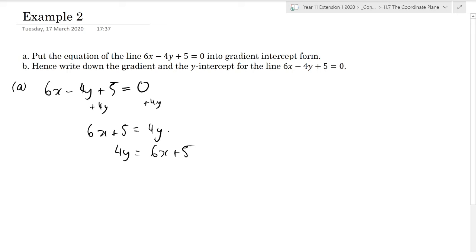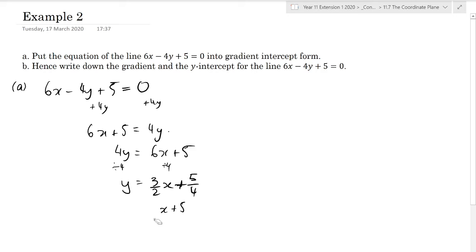What we're going to do now is try and get the y by itself. To do that, if you guessed correctly, we're going to divide everything by 4. So y is equal to 6x divided by 4. 6 divided by 4 is, as a fraction, 3 on 2x, and then plus 5 on 4 as our last little bit. Actually, no, don't write it the other way.